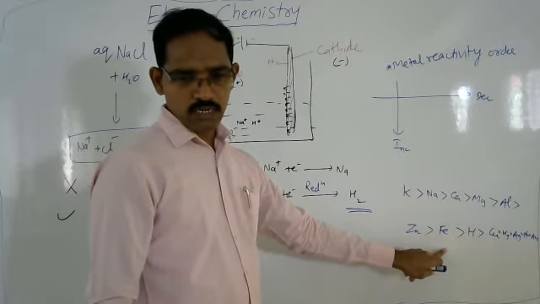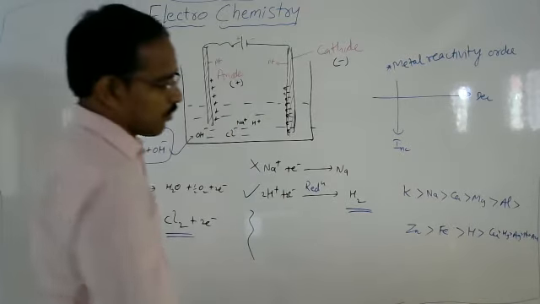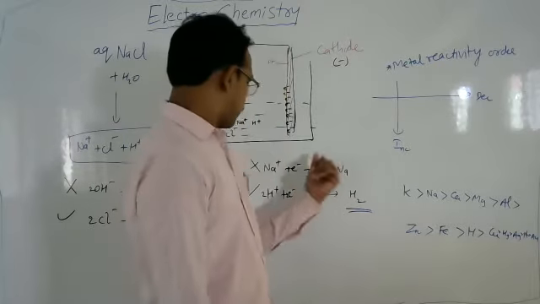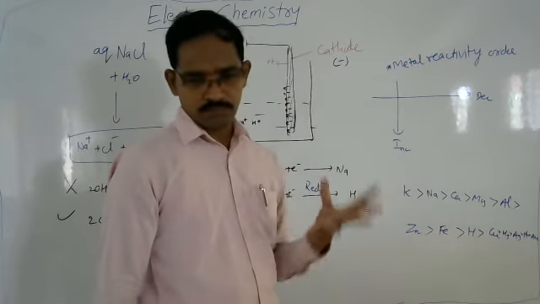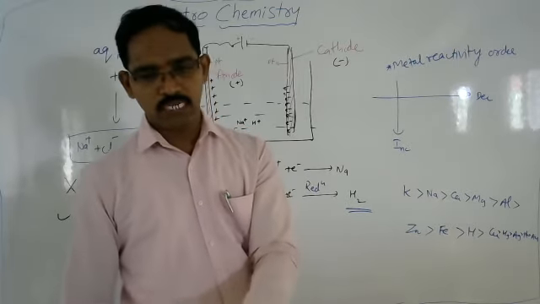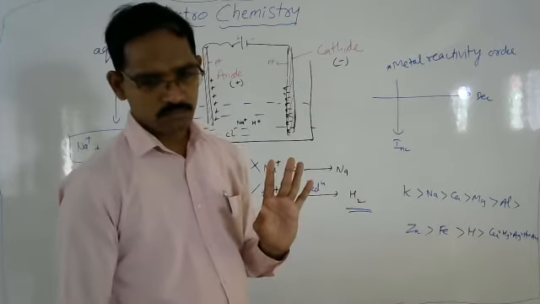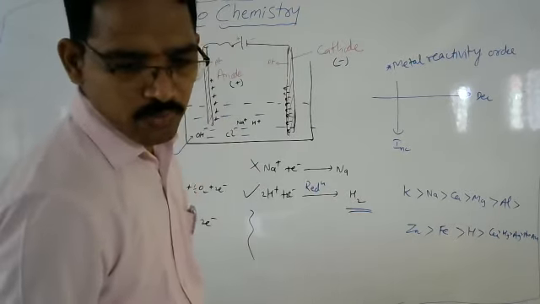This is the reactivity series. Then you can easily identify which will undergo deposition. Less reactive will deposit first. Is it clear about cations?